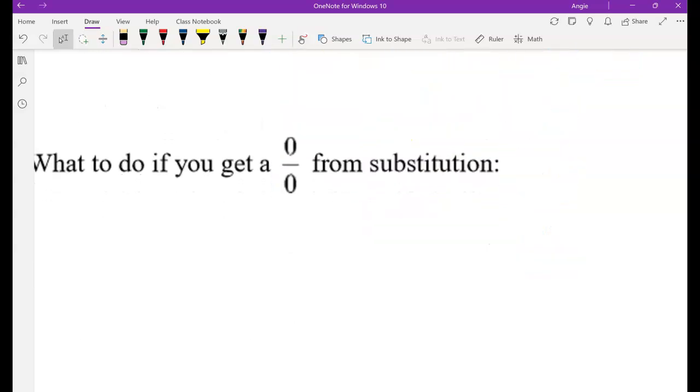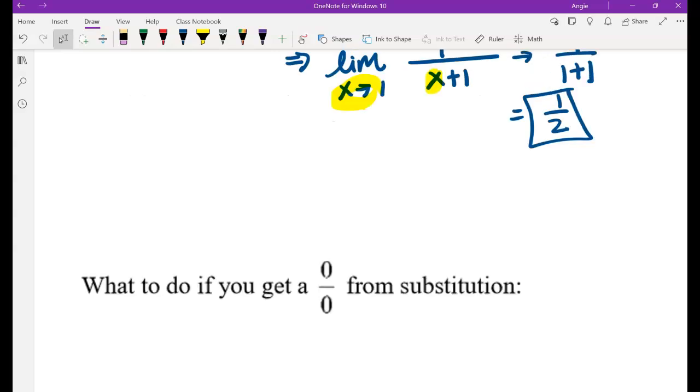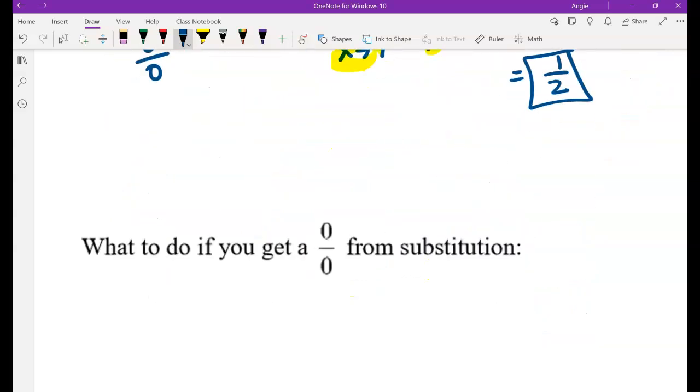Now let's fill out some really important stuff. Okay, guys, make sure you understand these next few steps here. What to do if you get a 0 over 0 from substitution. Remember, we try to substitute this, right? And we got a 0 over 0. So here are some guidelines.